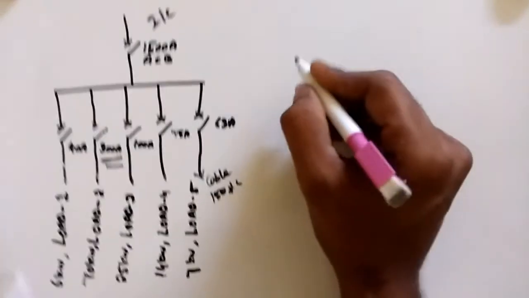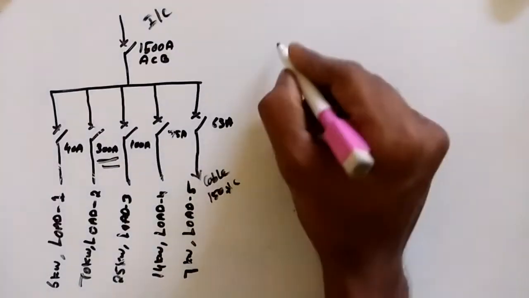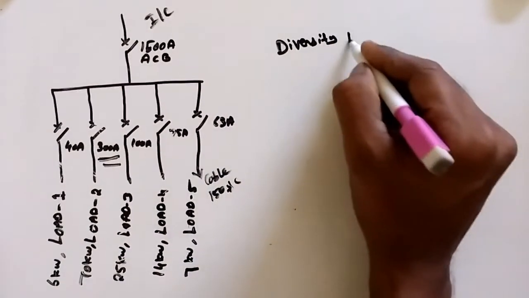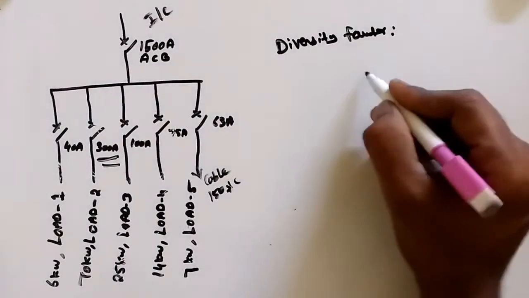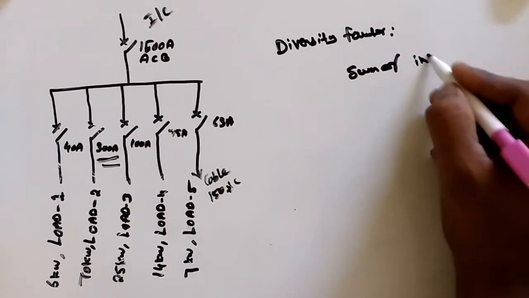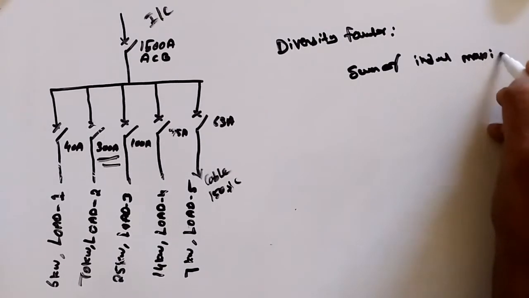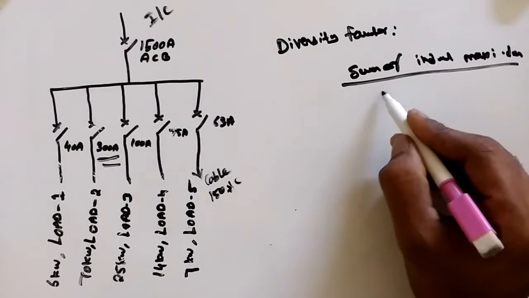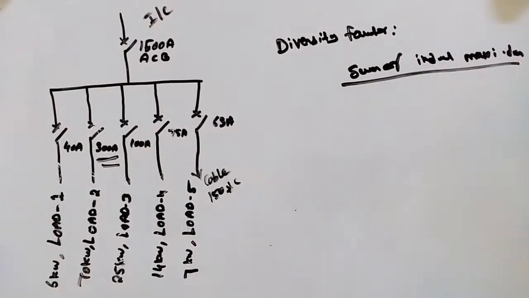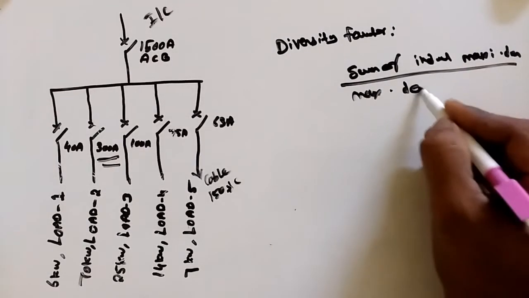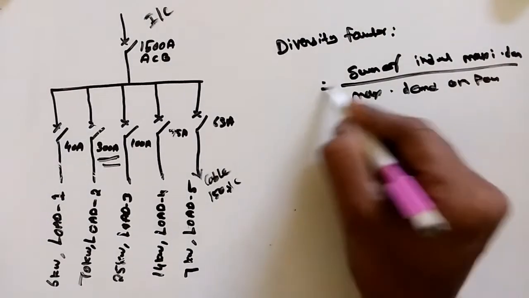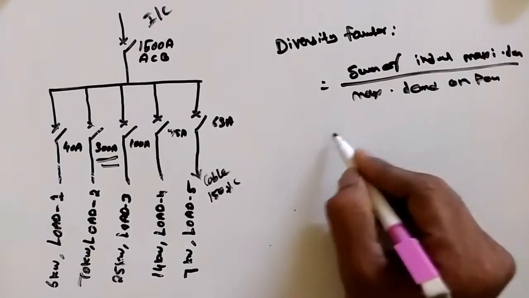Next, diversity factor. Diversity factor is the sum of individual maximum demands divided by the maximum demand on the power system.